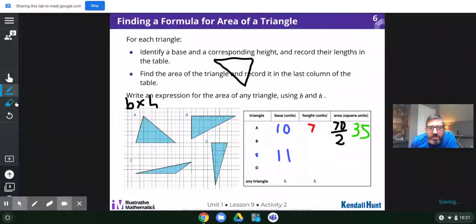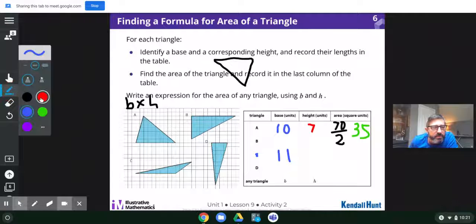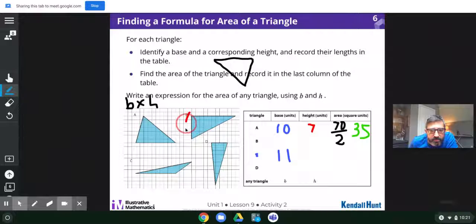All right, so how big would our height be? So if we're picking this line as our base, what do we do? We draw a perpendicular line from the base to the opposite corner. They've already done that for us, haven't they? Is this line perpendicular to the base that we chose? Yes.